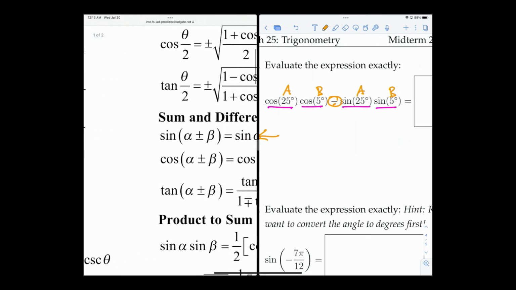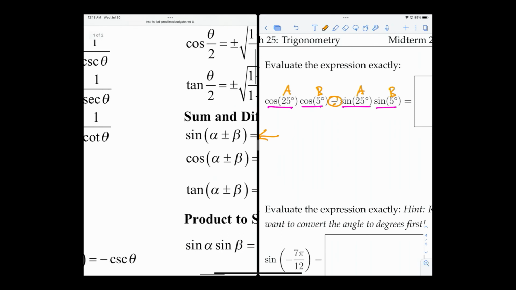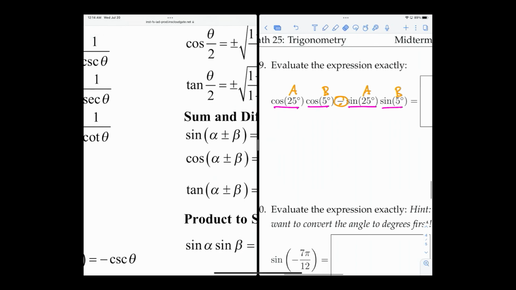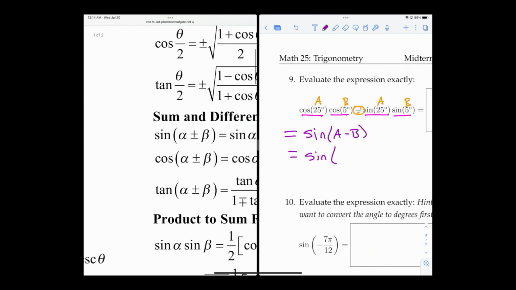And so that tells me that sine alpha cosine beta minus cosine alpha sine beta should be equal to sine alpha minus beta. So this should be just referring to the identity, should be equal to sine of alpha minus beta, or I called them a minus b, and then you fill in the numbers.